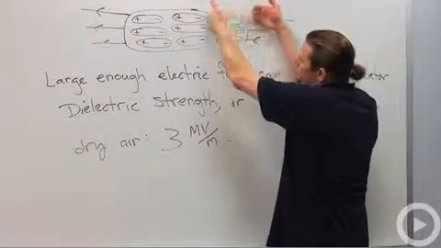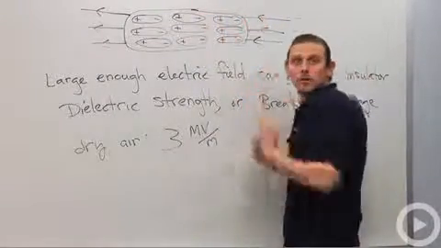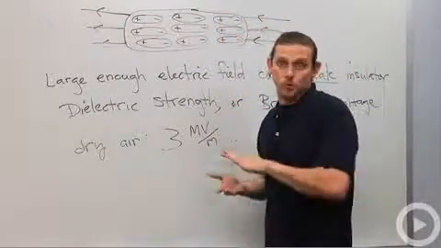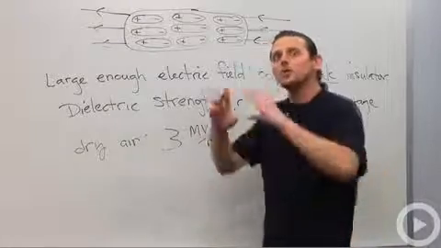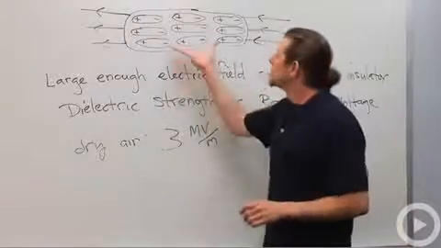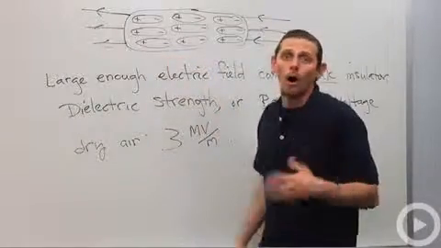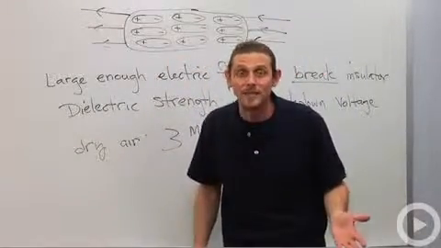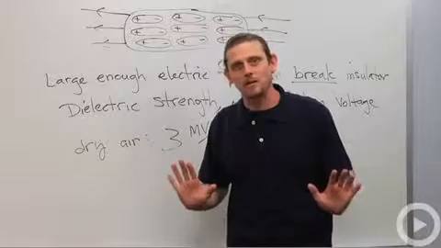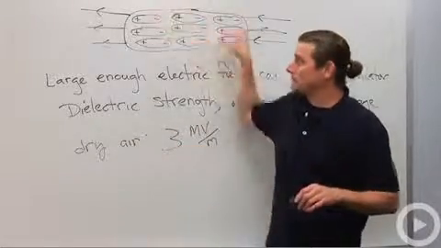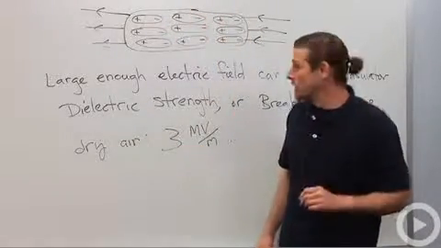So they just kind of stretch out. They're not jumping. There's no transfer of charge. They just kind of stretch out. So this is called a polarized insulator, or another word that people use for insulators is dielectrics. All right, so we could say that this is a polarized dielectric.